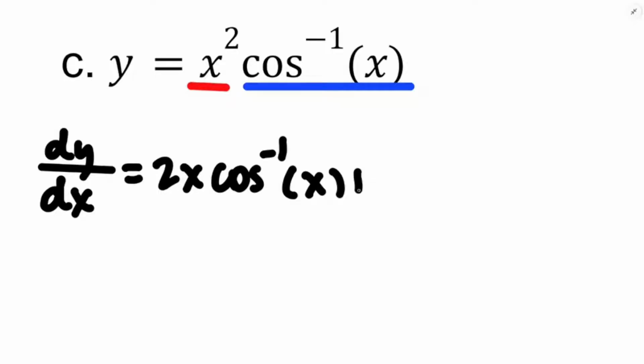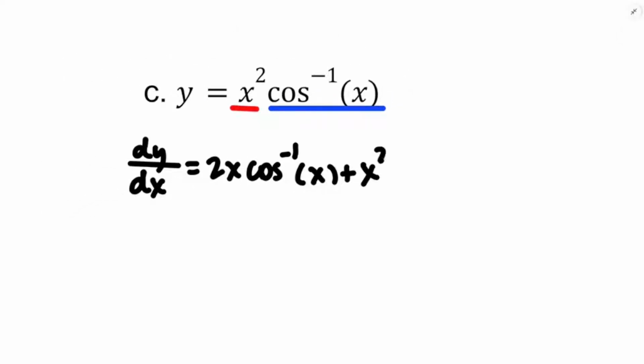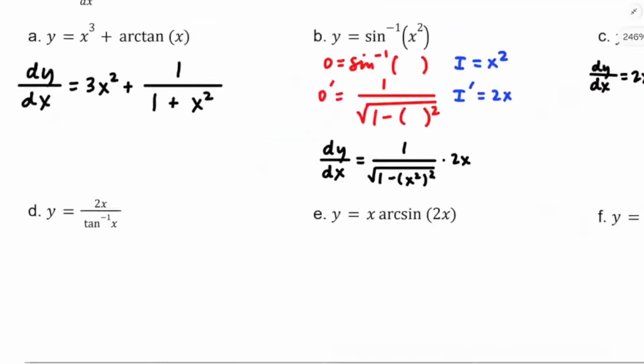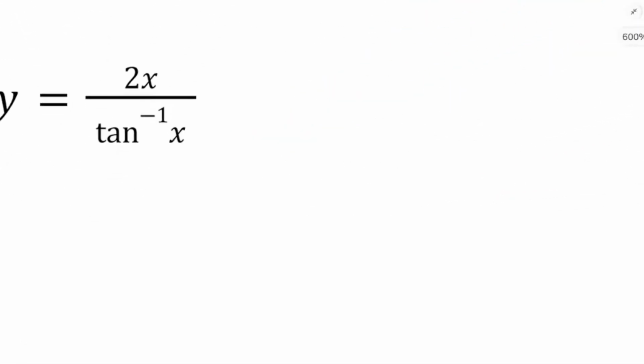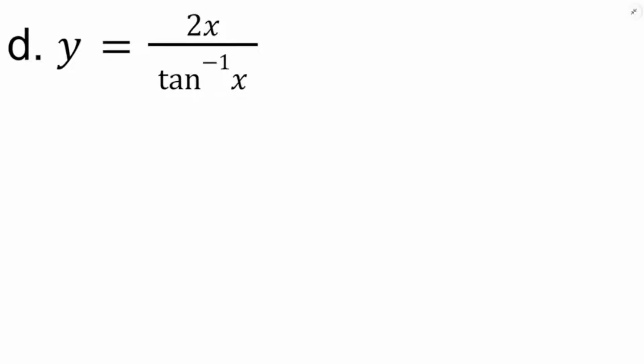And I'm going to add. I'm going to leave the red the same, and I'm going to take the derivative of blue. And we just learned that that's just like arcsine, but negative. So negative 1 over the square root of 1 minus x squared. And that's dy dx.